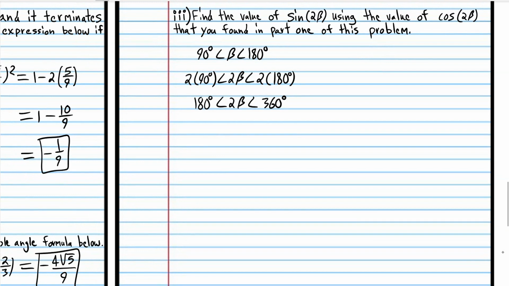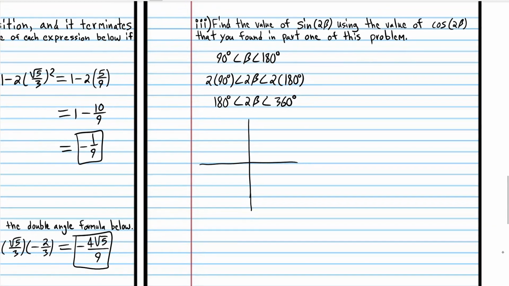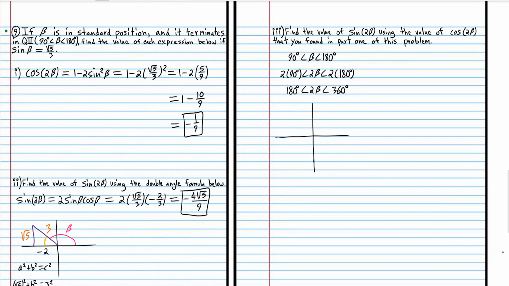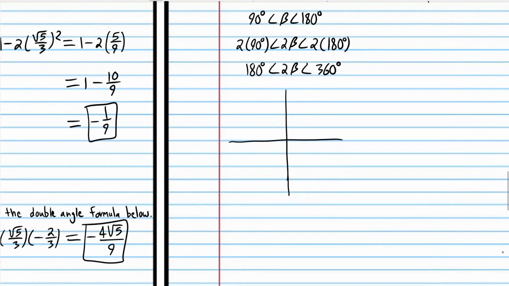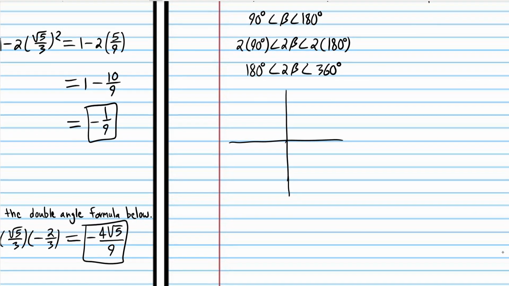So that means it's going to be in either the third quadrant or fourth quadrant. Now cosine 2 beta is negative, so it can't be in the fourth quadrant because cosine is positive in the fourth quadrant, so we know it's got to be in the third quadrant.